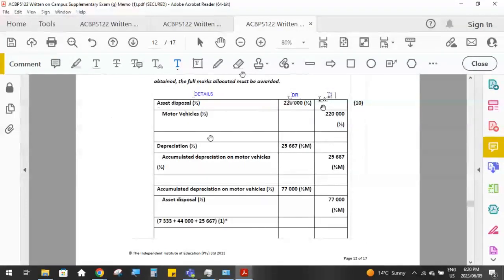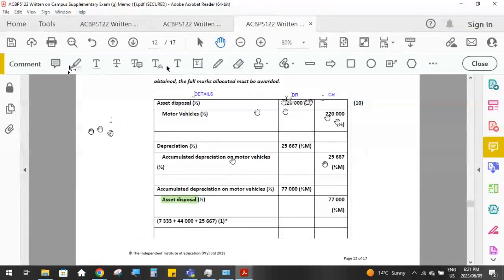This is your credit column in your general journal. So in this case, what we are going to record is the asset disposal journal entries. So we transfer the cost of the vehicle out of motor vehicles into asset disposal. So debit asset disposal and credit motor vehicles at cost with the cost price.